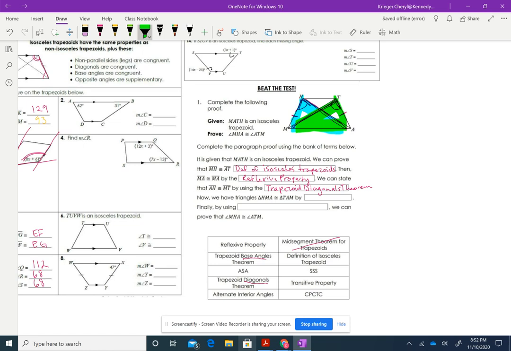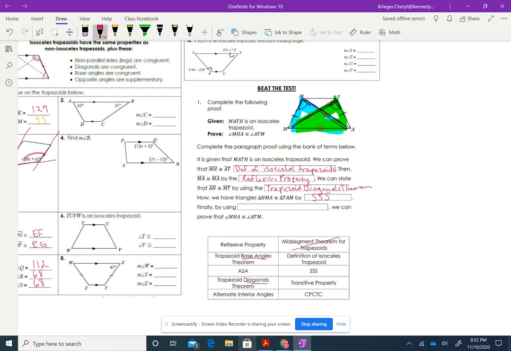Are congruent by, they gave us this is congruent to itself. Okay, we know that the diagonals are congruent, so it looks like we have side, side, side, right? We have 3 sides of one triangle congruent to 3 sides of another triangle.